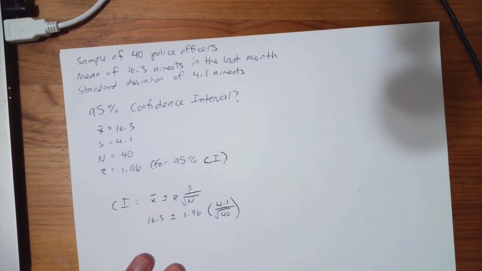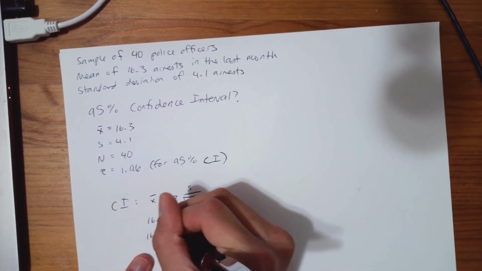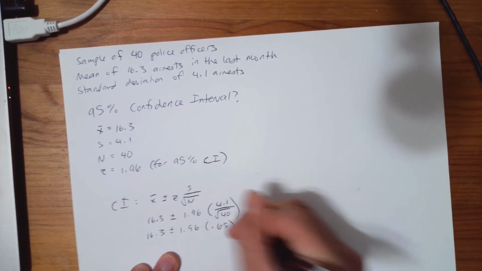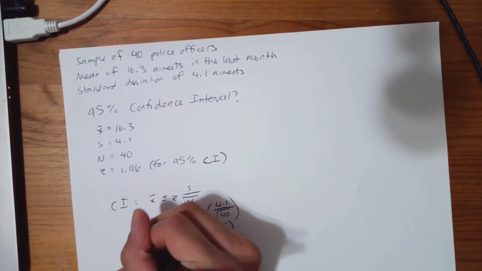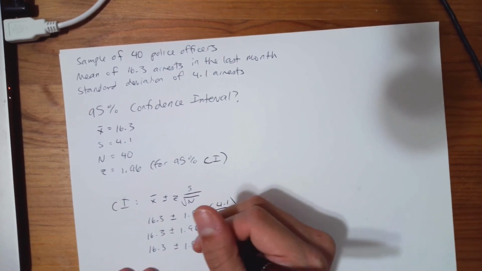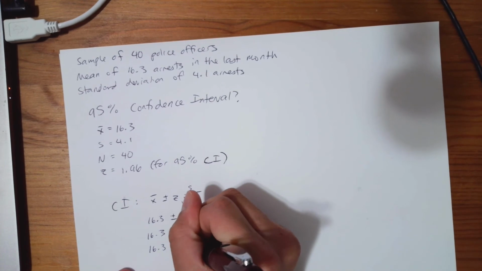And if you do all this math out, you get 16.3 plus or minus 1.96 times 0.65, and this comes out to 16.3 plus or minus 1.27.